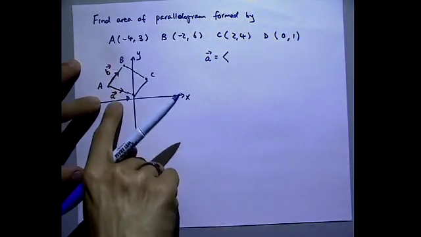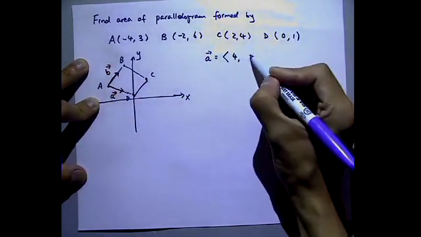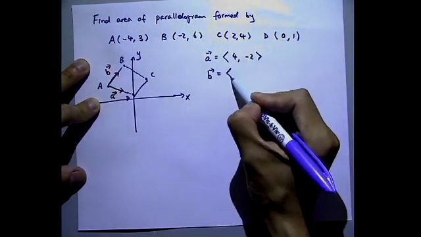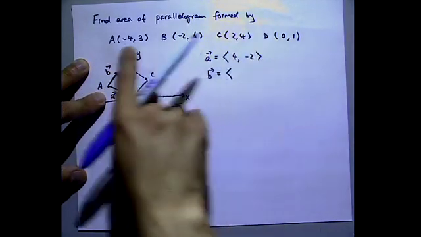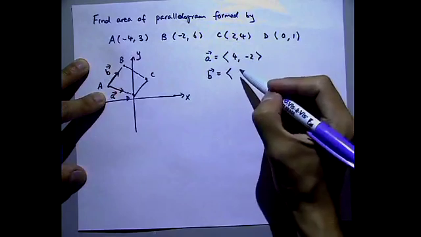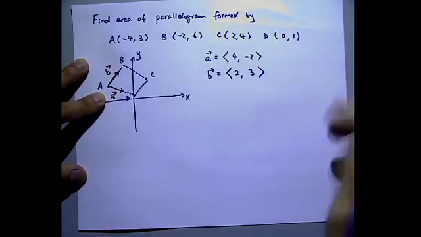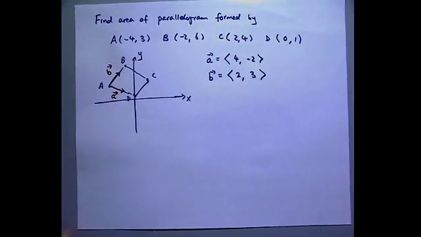All right, so A vector is D minus A, right? So positive 4, negative 2. Then the B vector, going from A to B, I take B and subtract A away, and I get positive 2 and 3. Now, all I got to do is A cross B or B cross A. It doesn't matter.